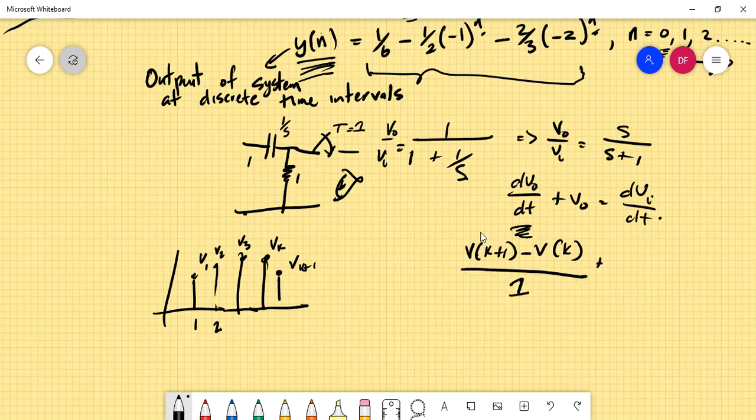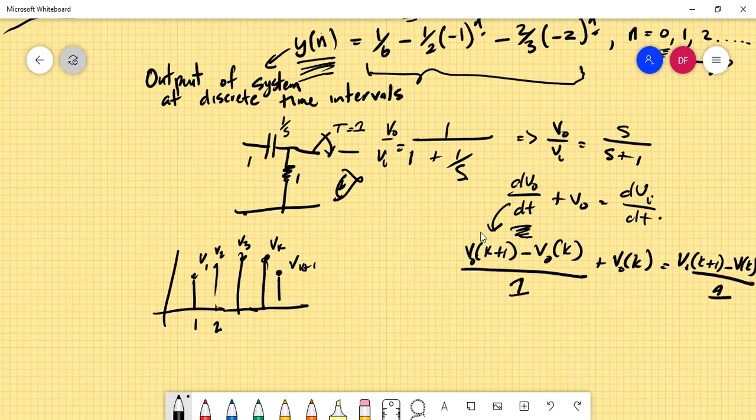Plus v out. So these are my v out. So I'm replacing the derivative by the gradient because the derivative represents the gradient. This is v out of k, and this is v in, and the same thing, k plus 1 minus k over 1.